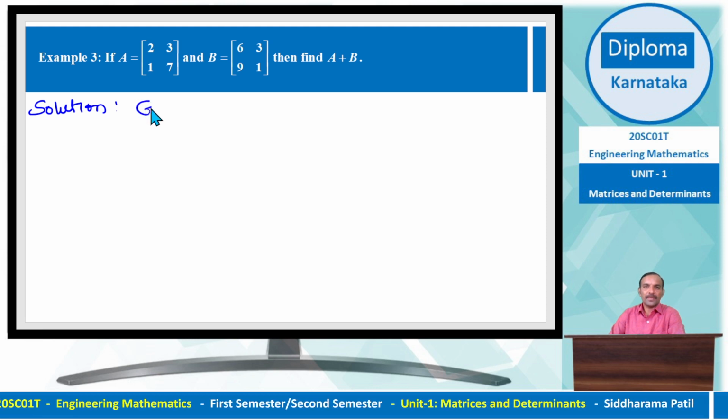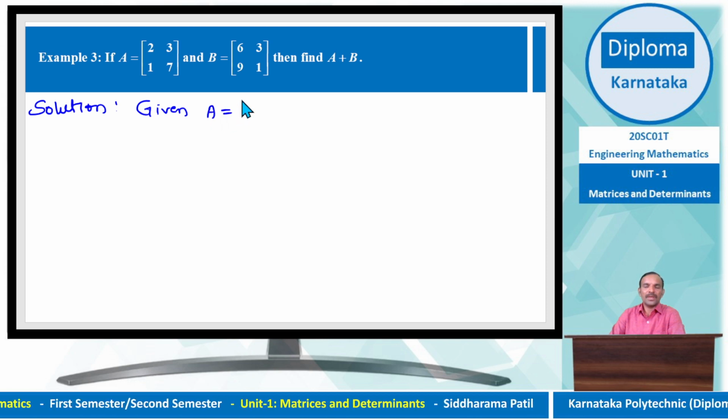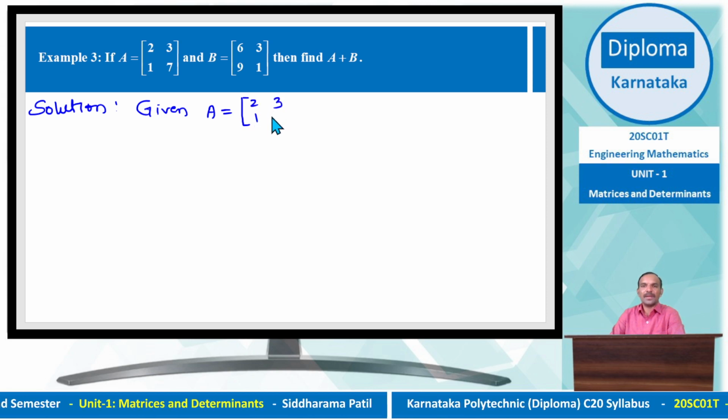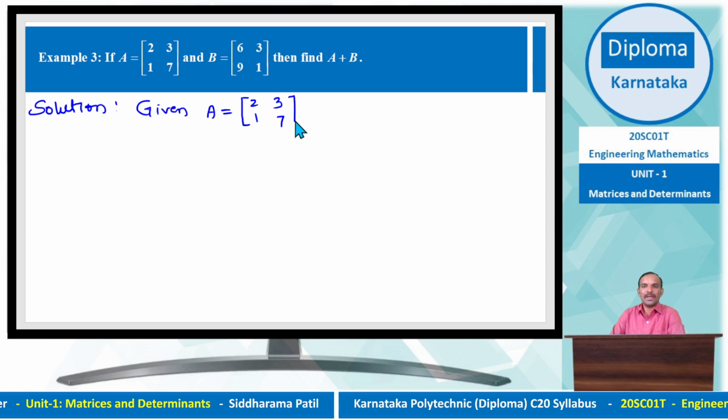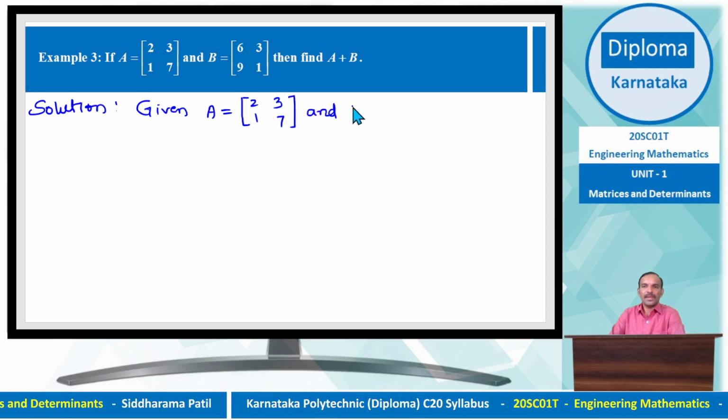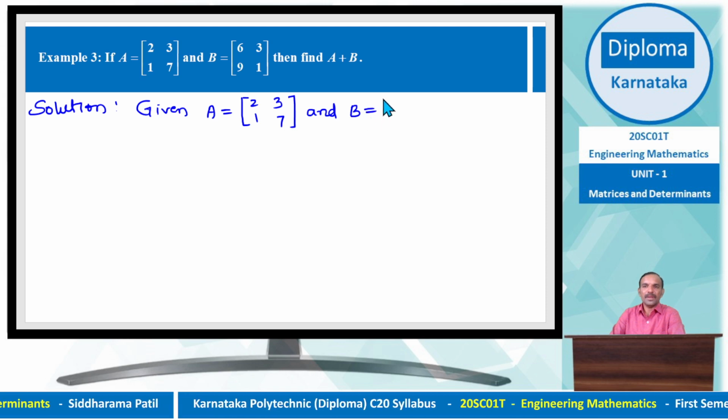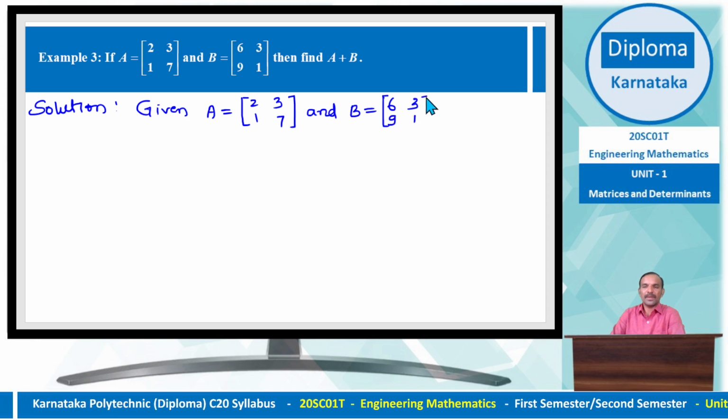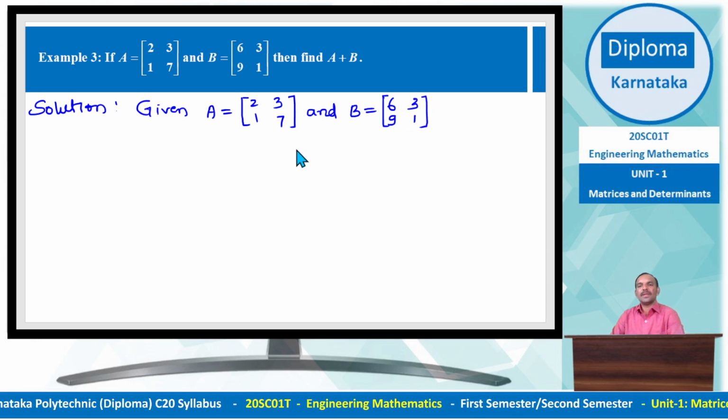Given A equal to 2, 3, 1, 7, and B equal to 6, 3, 9, 1. Then what you have to find out?